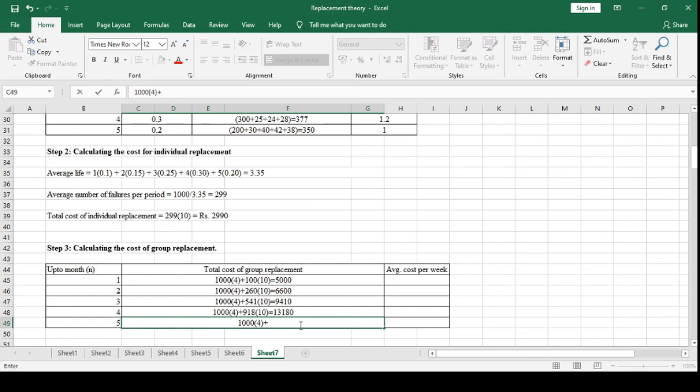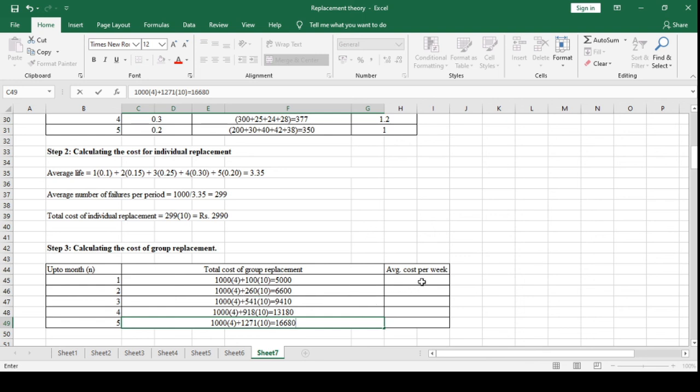So 1271 into 10, so your answer is 16,680. So this is the cost of group replacement.